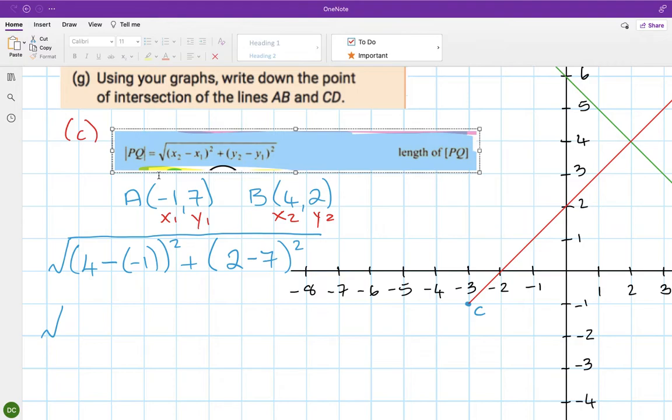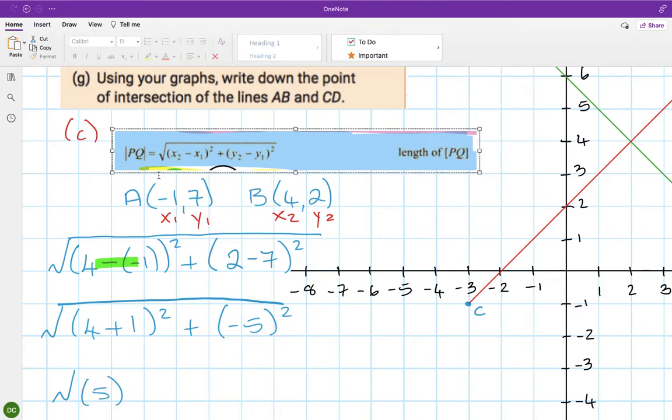Okay, so I'll deal now with this double minus here, so it becomes 4 plus 1, and 2 minus 7 is -5 squared. And again, we have 5 squared plus -5 squared. 5 squared is 25.